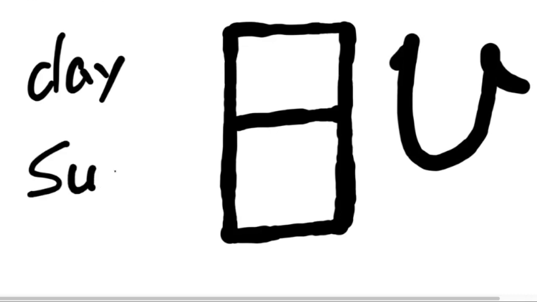The kunyomi, the Japanese reading of this kanji is hi, which means day and sun. The onyomi, the Chinese reading, is Nichi.